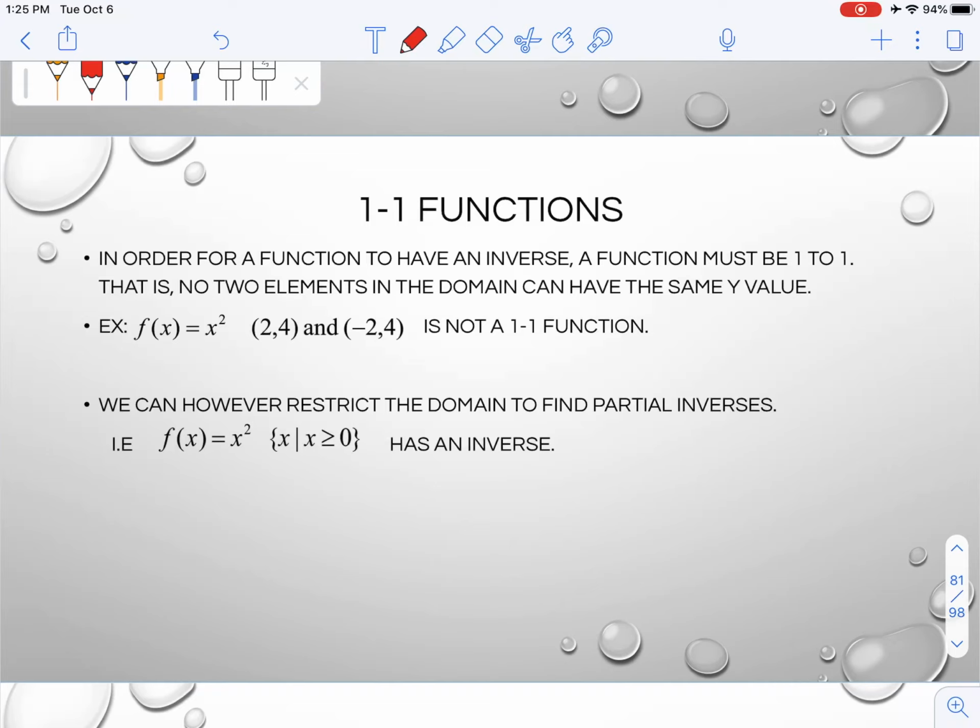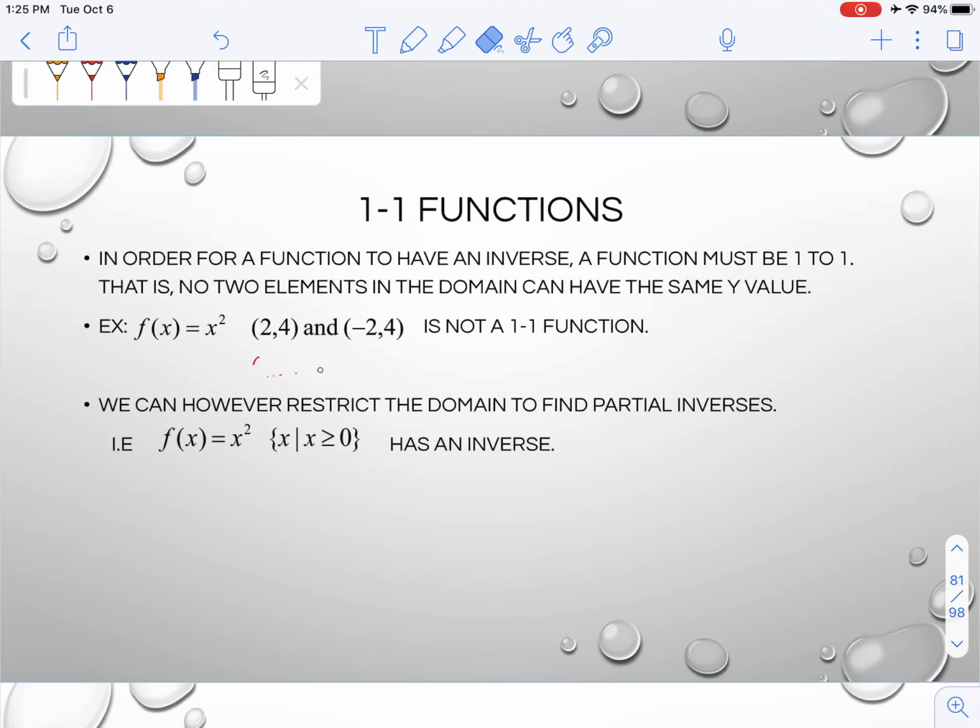The problem we run into with the quadratic is, for example, f of x equals x squared. I have the point (2, 4) and the point (-2, 4). Think about it, when I go to find my inverse, my inverse would have the point (4, 2) and also the point (4, -2), and thus I have the same input with different outputs. We've got a problem here, right?